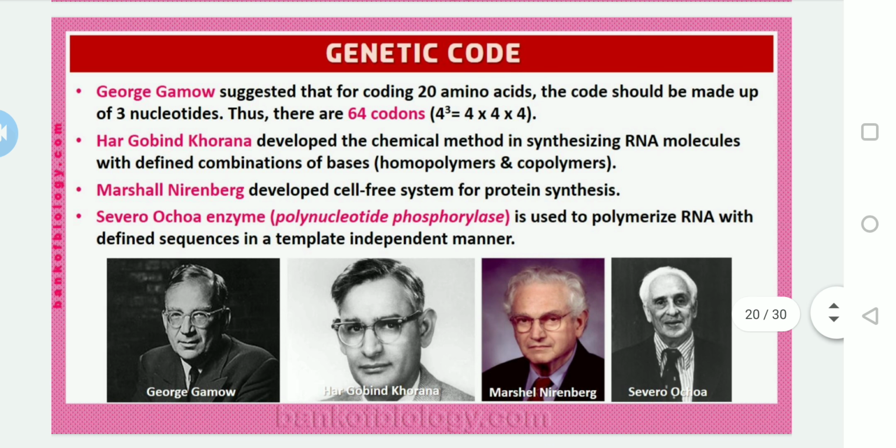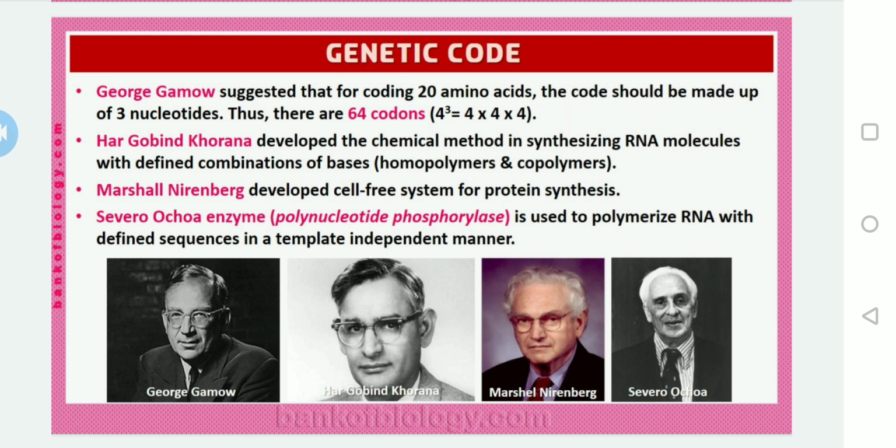When it comes to the discovery of the genetic code, there is the name of the scientist George Gamow. He is the first person who suggested that for coding 20 amino acids, the code should be made up of 3 nucleotides.